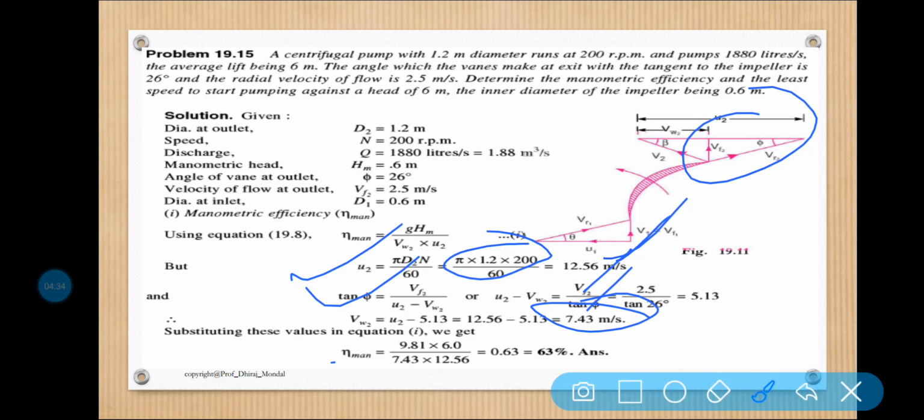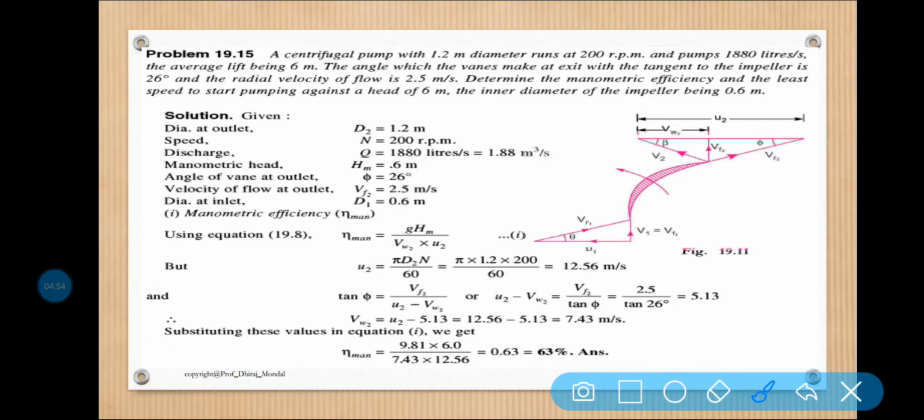Now put the values in the manometric efficiency equation: g is given, Hm is given as 6. This is not 0.6, this is only 6. Vw2 I have already got, and u2 I have got. So remember, first of all you have to see what you need to find out.